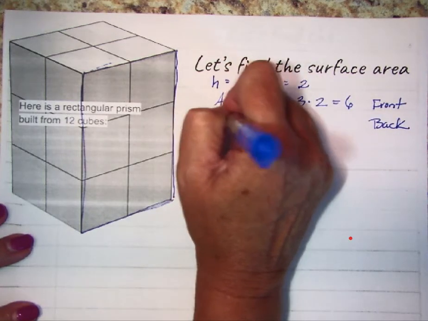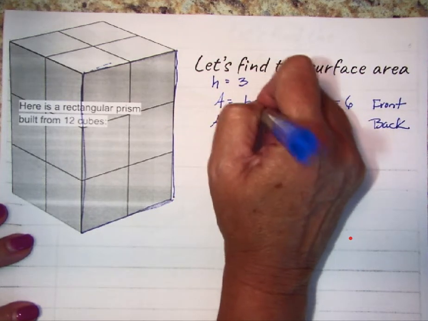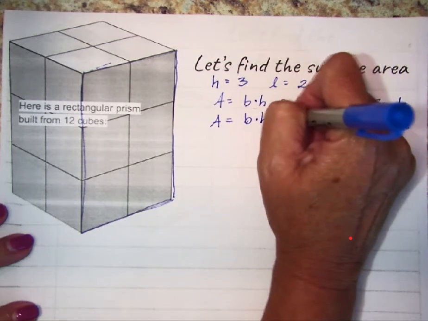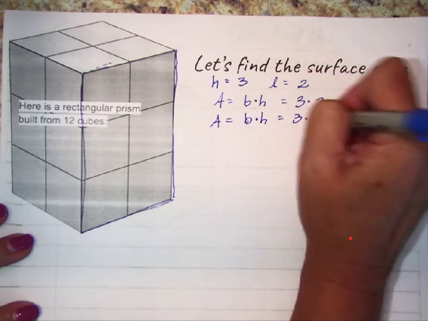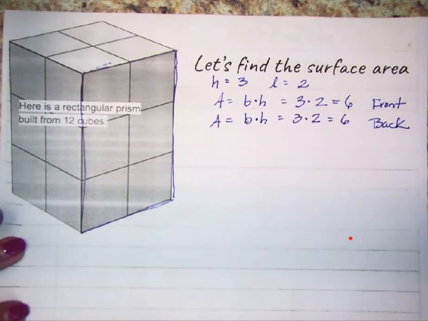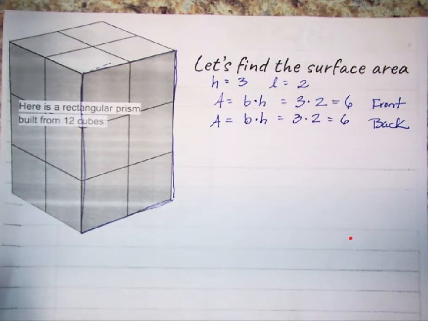So the back area, base times height, 3 times 2 equals 6. So far, we have a surface area of 12. Okay, we're not finished. That's okay. But so far, we have a surface area of 12.